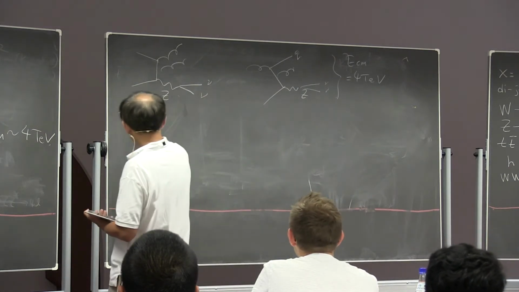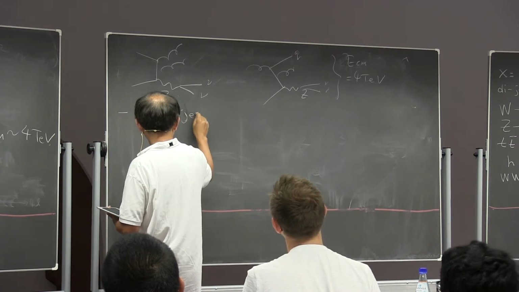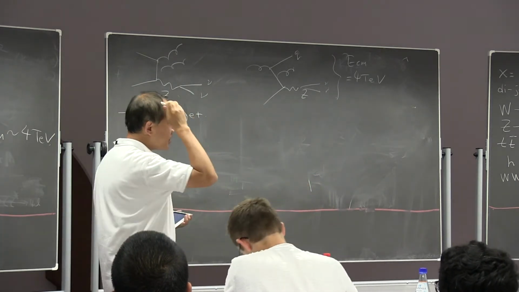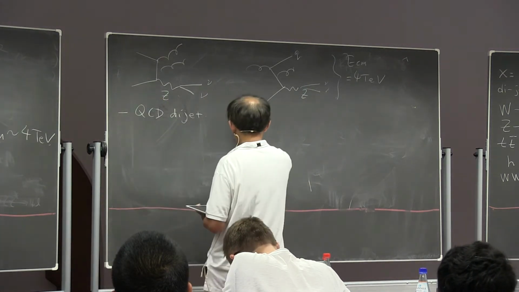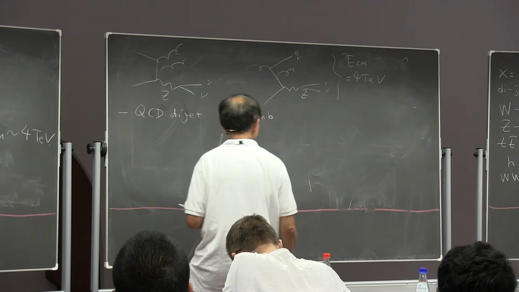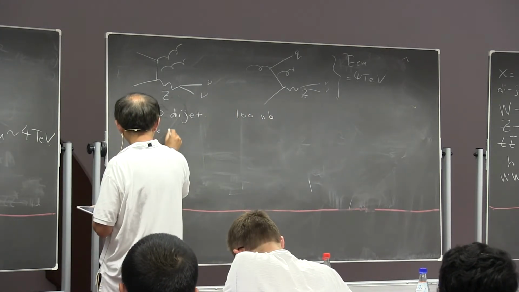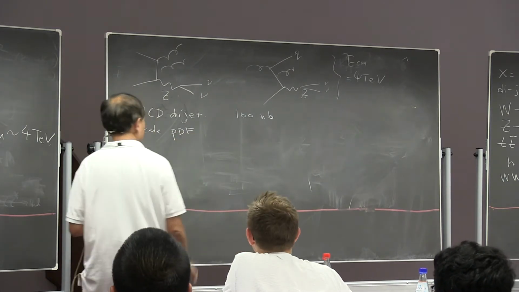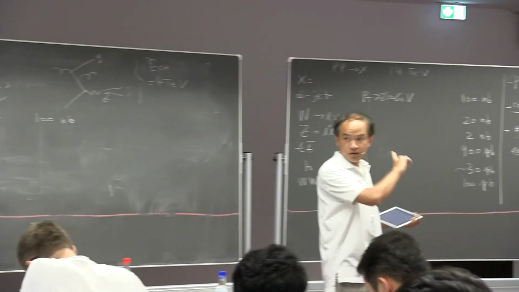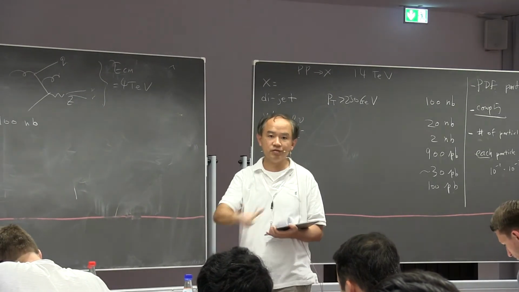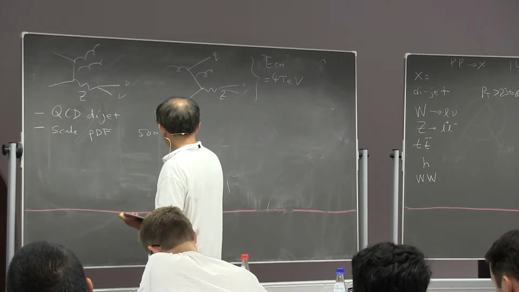So let's start with QCD dijet. That's 100 nanobarn over there. I'm going to scale the PDF. The relevant energy here for the PDF is 500 GeV, we have two jets, each with 250, but this is from 500 GeV to 4 TeV.